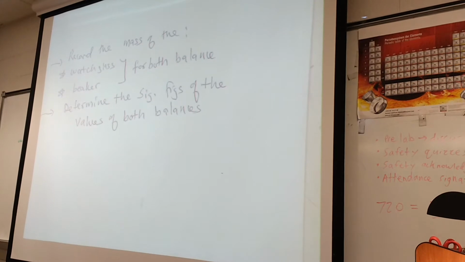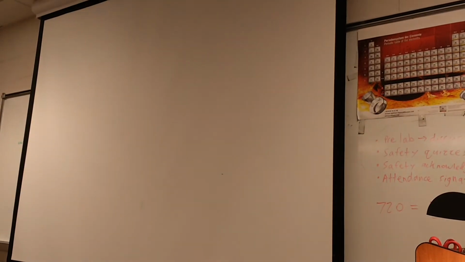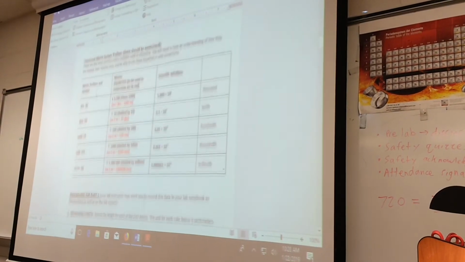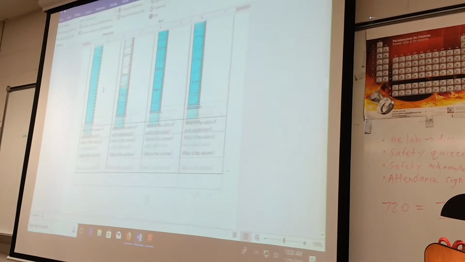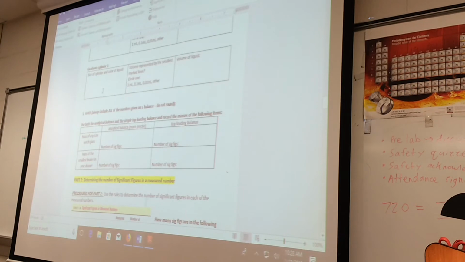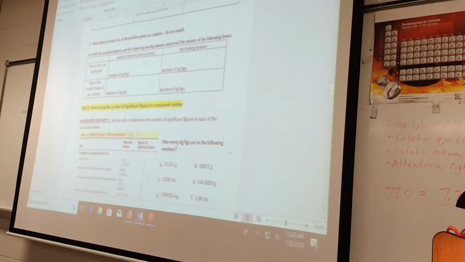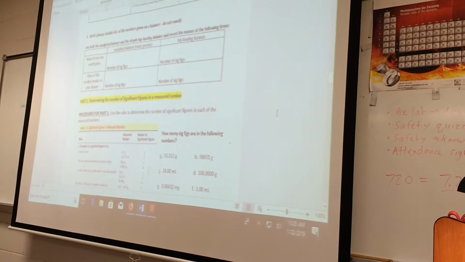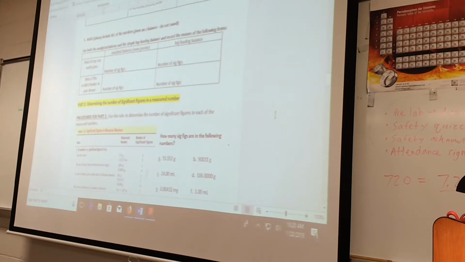And I'm switching back again. Our data will be recorded here. Where is the mass here? Here is our data, and we have the analytical balance, correct?